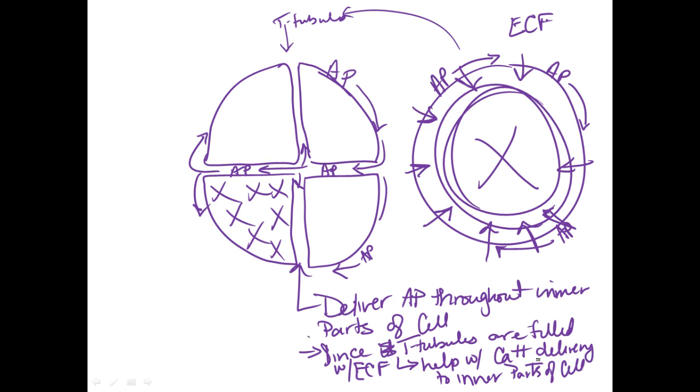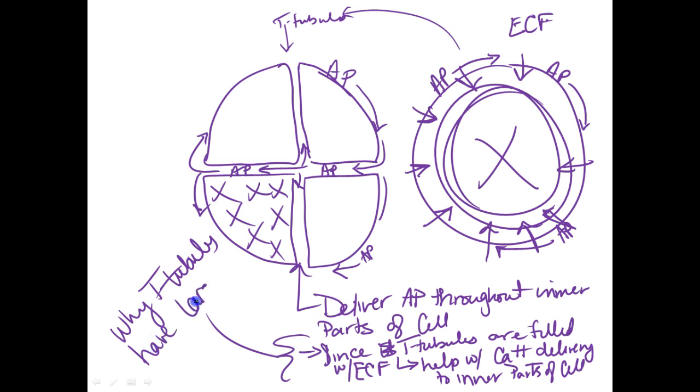Now, because of this new function here, that is why the T-tubules have the larger size. So here we see the large diameter T-tubules is an artifact of the need for the extracellular fluid that's filled in that area to serve for calcium delivery.